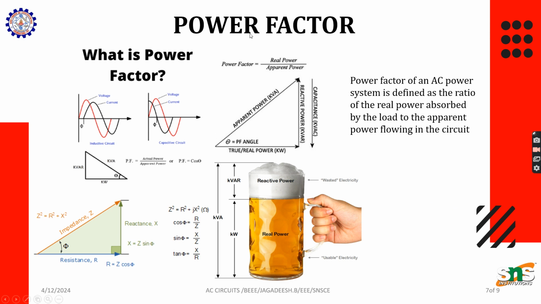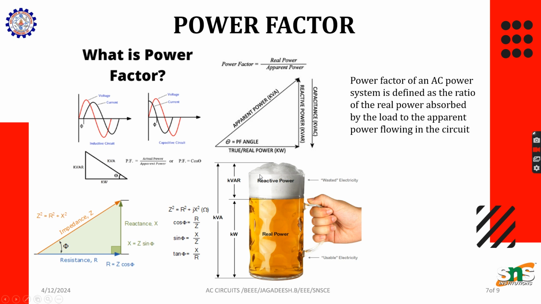And as I mentioned, the power factor. The power factor is the cosine of the angle between the voltage and current. In other terms, it is the ratio of real power to apparent power. We can see this relation where the power triangle is shown with kVAR, kVA, the real power, the reactive power, and kilowatts. So power factor is equal to actual power by apparent power, also written as cos phi.